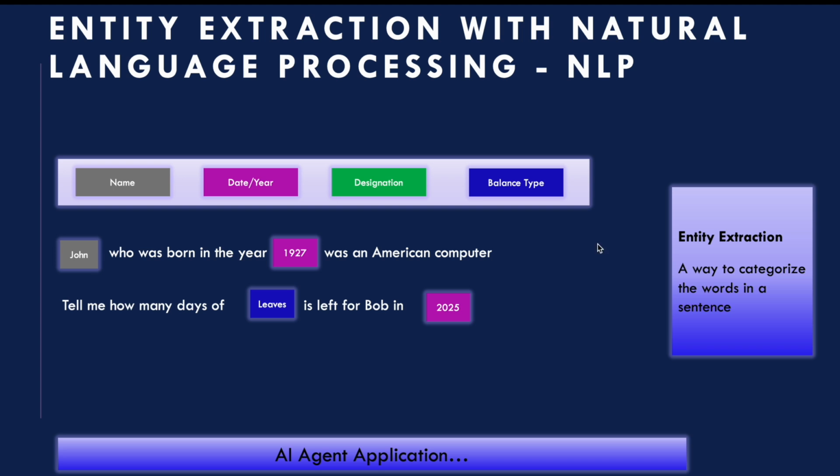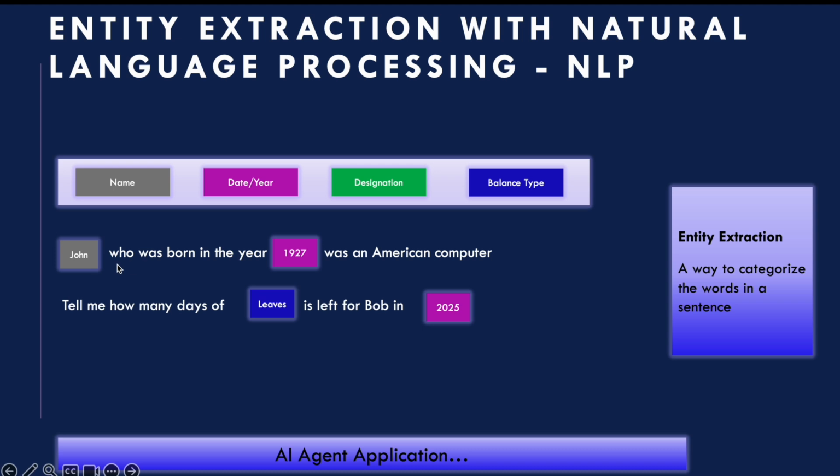For example, I want to categorize the words into name, year, designation, or maybe balance type. This is a custom category, I can say. So these are the types into which I want to segregate the data. That is, I want to know which words belong to one of these categories.